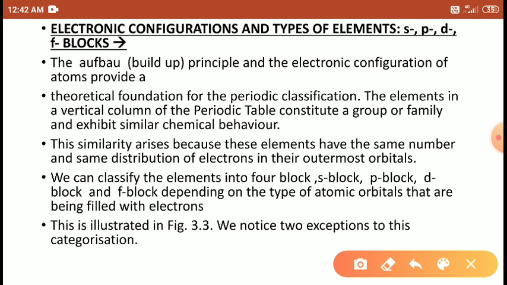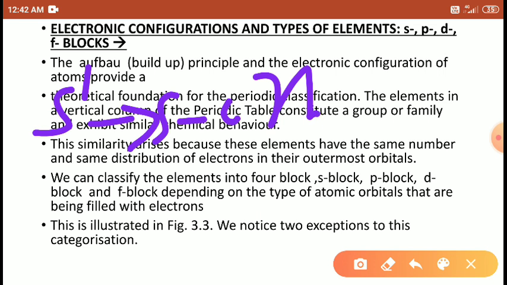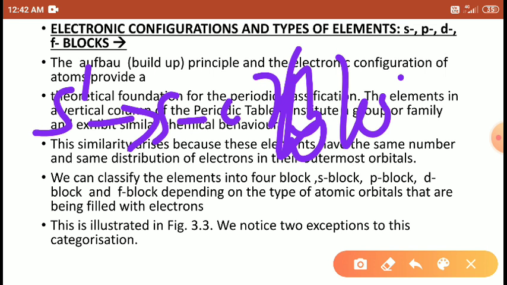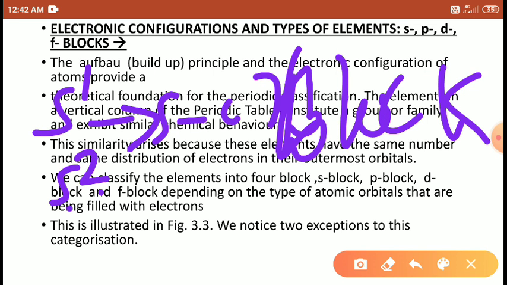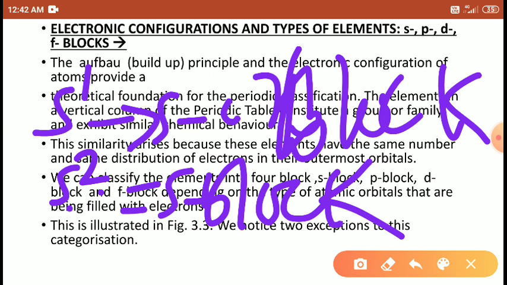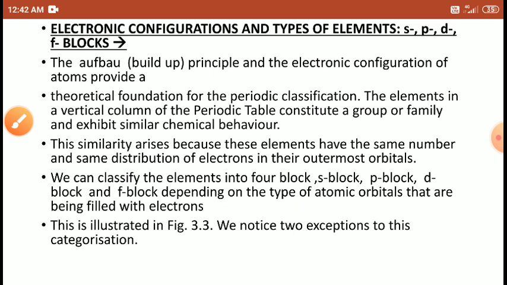If the outermost electron is present in the s orbital, s1, we call it an s block element. If the outermost two electrons are in the s orbital, that is also called an s block element.